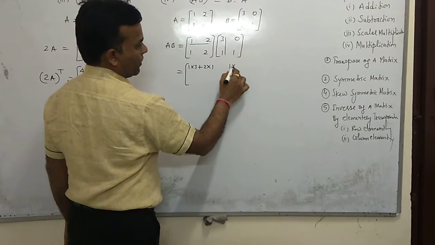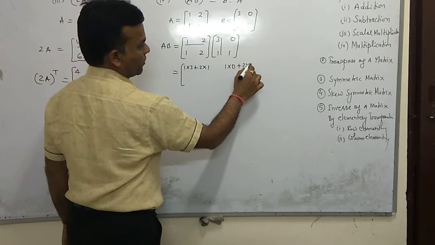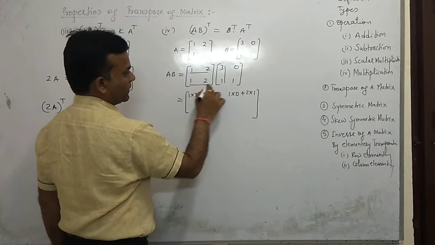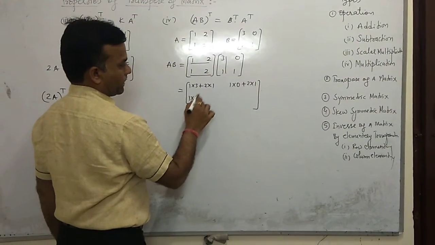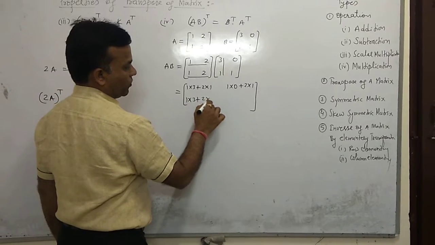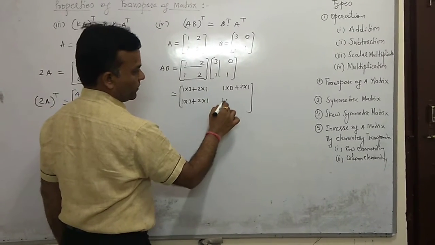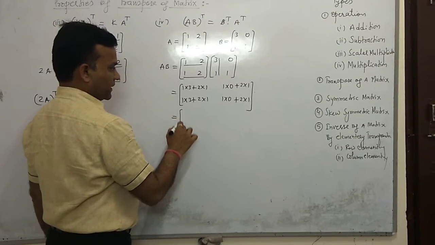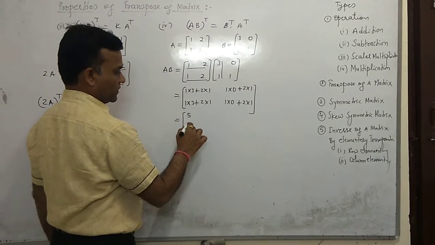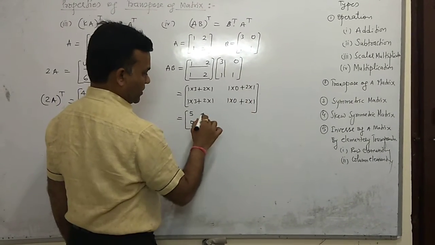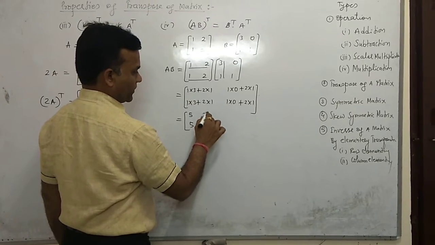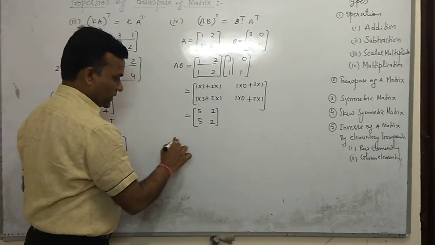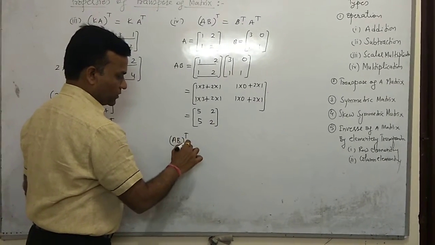Similarly 1 into 0 plus 2 into 1, and then 1 into 3 and 2 into 1. Similarly 1 into 0 plus 2 into 1. Then the result is 5 5. Similarly you have 2 and 2. Then you find the transpose of this, AB whole transpose.